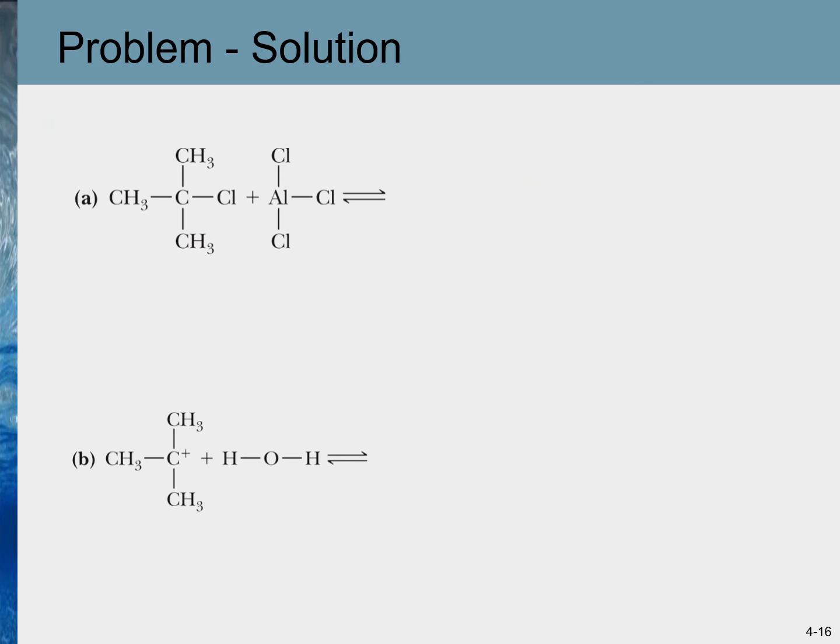Now, because Lewis' definition of acid and base depends on electrons, it's important to draw the complete octets with lone pairs of all the atoms given in the reaction. So remember, according to the Lewis definition, acids are electron acceptors. Actually, it should be electron pair acceptors.